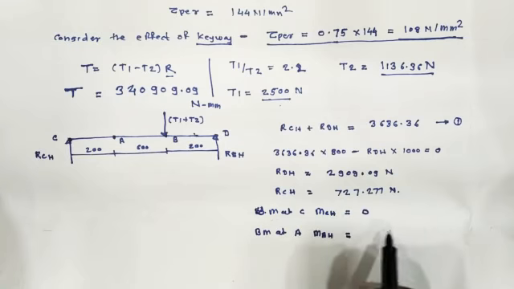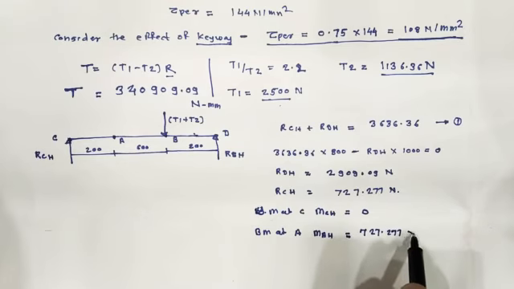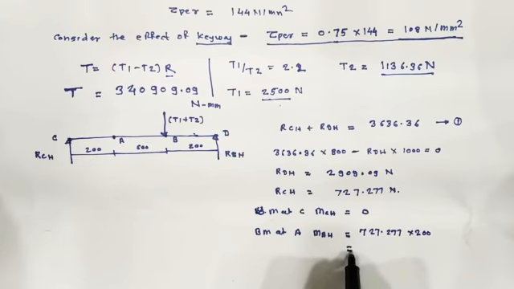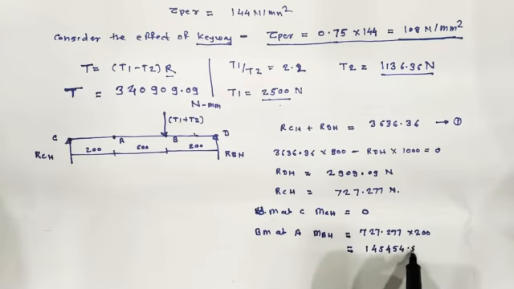We have RCH, 727.277 into 200. That is the bending moment at A, so that equals 1454 Newton mm.